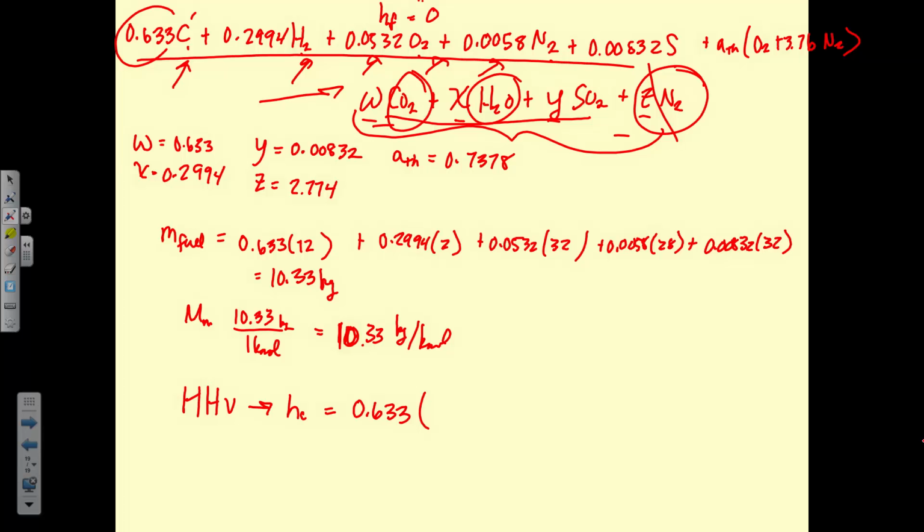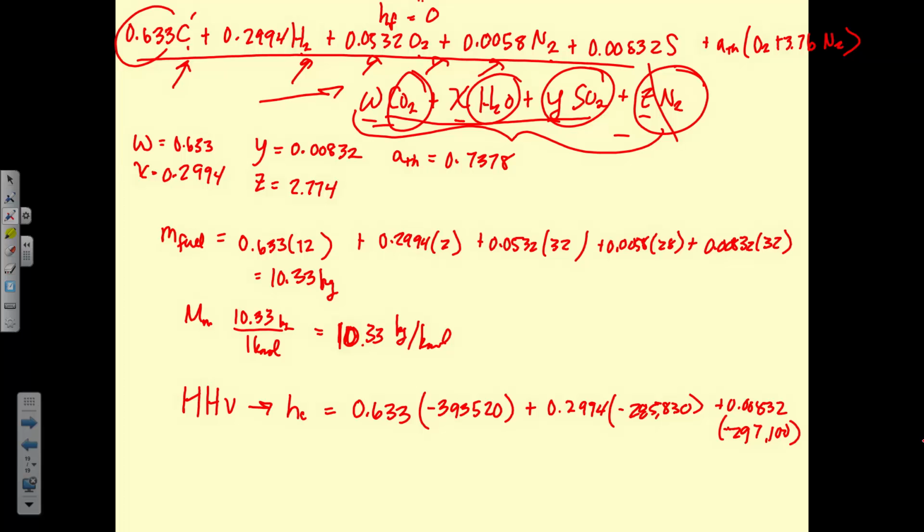So we find that in the table is equal to 393,520 plus 0.2994 times negative 285,830 for water in its liquid form, plus 0.00832 times negative 297,100 for the sulfur dioxide.